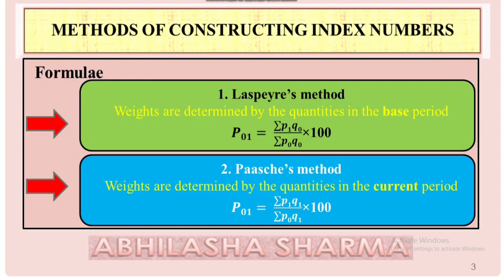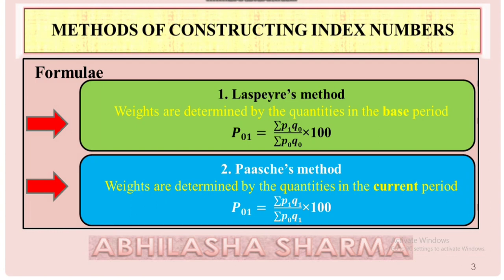Before understanding the methods for constructing weighted aggregative index numbers, you should know about current year and base year. The year in which comparison is made is called the current year, and the year with respect to which the comparison is made is the base year. Let's discuss various methods and their formulae.